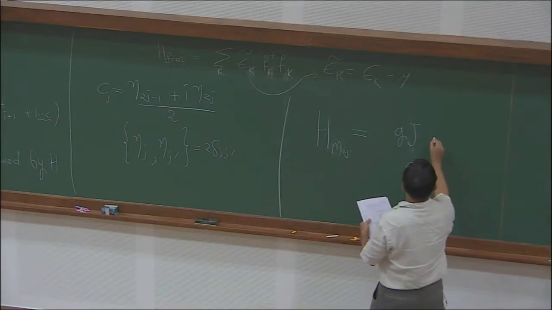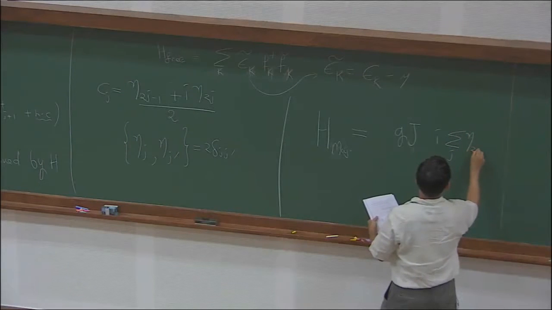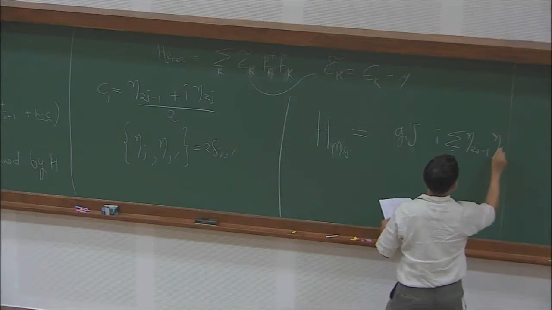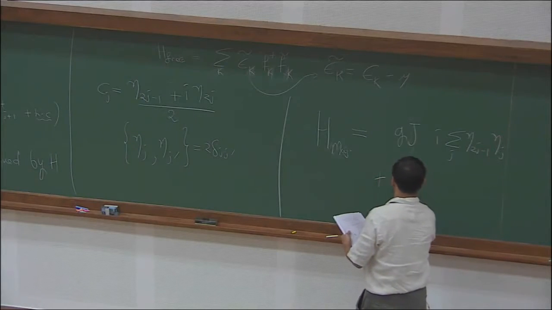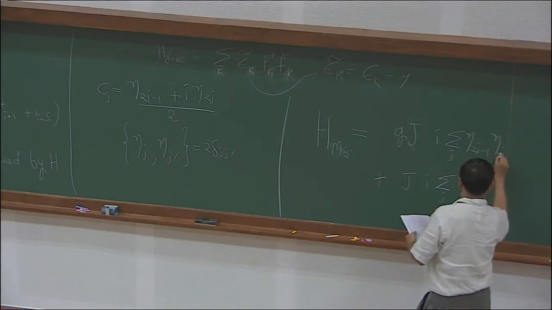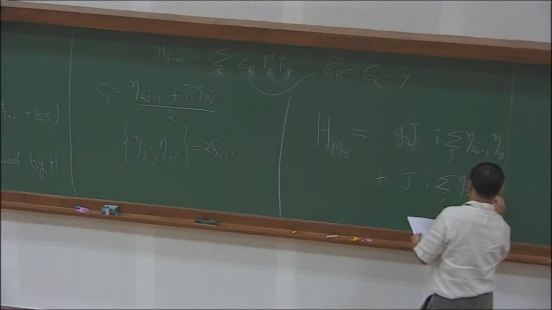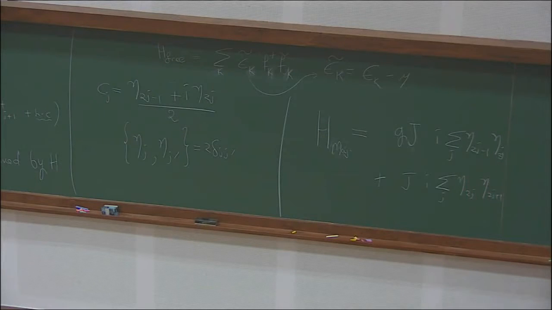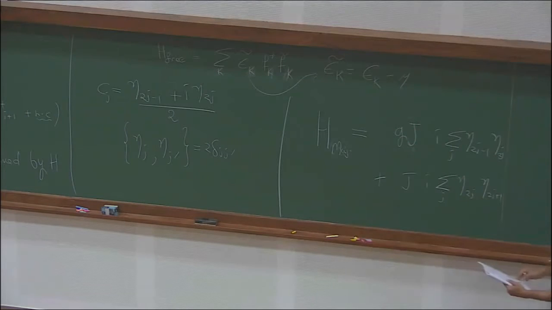J i sum over j eta_{2j-1} eta_{2j} plus J i sum over j eta_{2j} eta_{2j+1}. Okay. This is still not of that form, right?